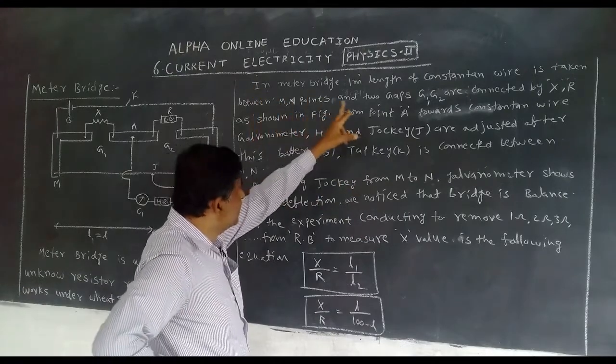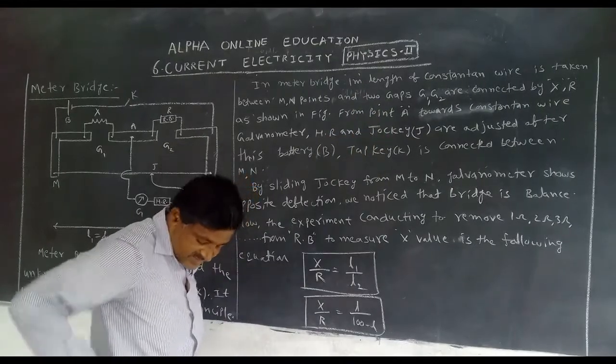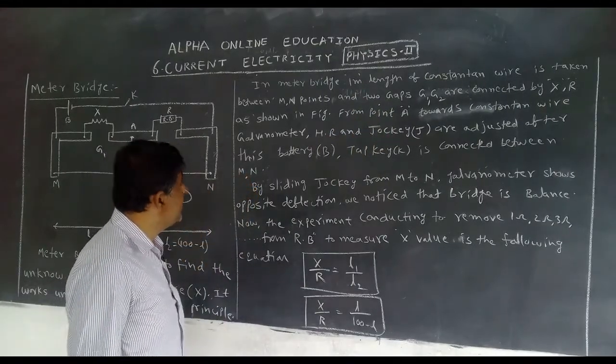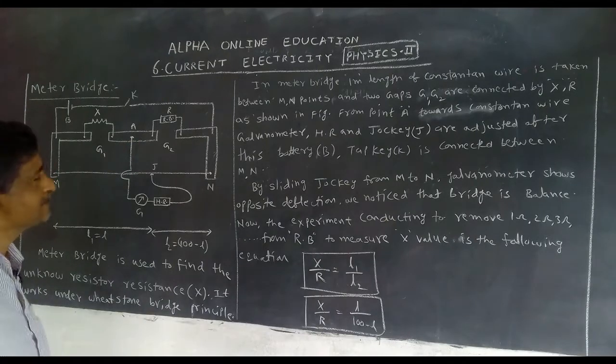In meter bridge, 1 meter length of constantan wire is taken between M, N points, and two gaps G1 and G2 are connected by X, R as shown in figure.